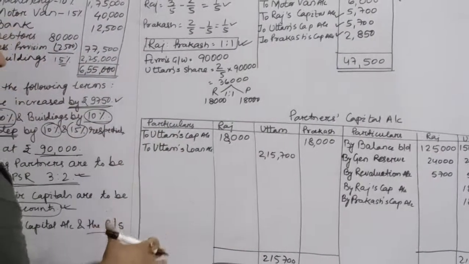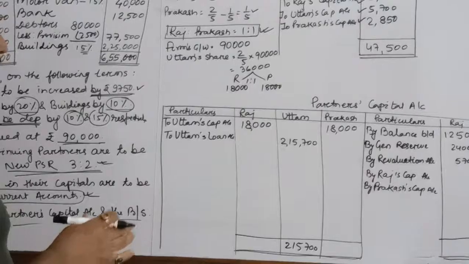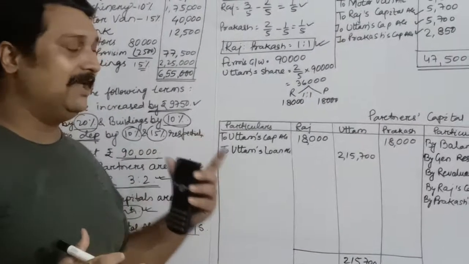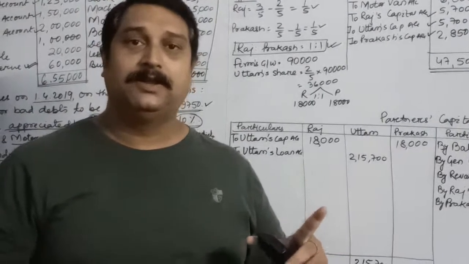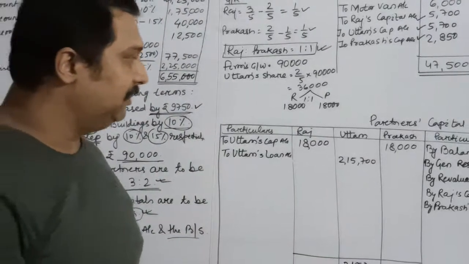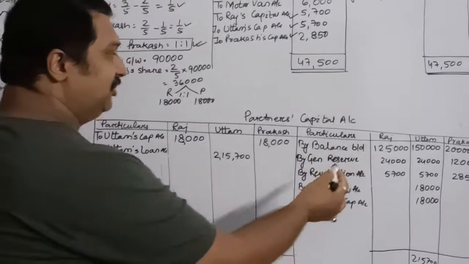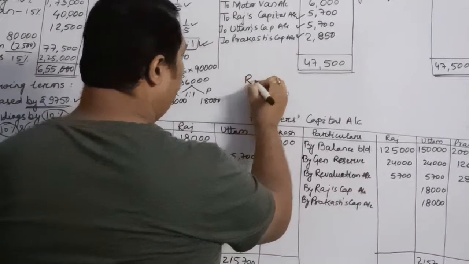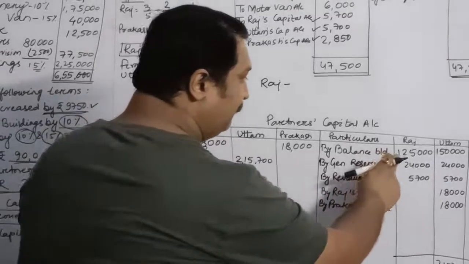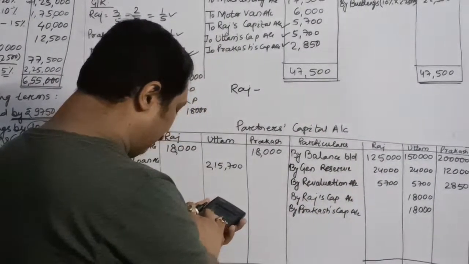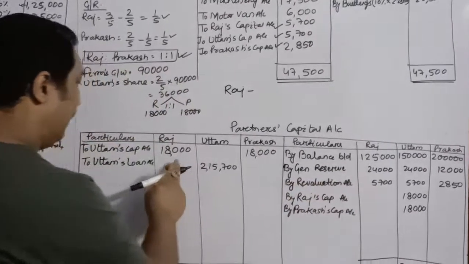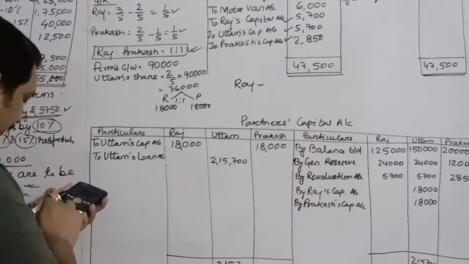Now we have to adjust the capital of the continuing partners. For that, children, if you remember the steps I had asked you, the first step was to calculate the adjusted capital of the continuing partners. So let us calculate the adjusted capital of Raj. Adjusted capital you can calculate: 1,25,000 plus 24,000 plus 5,700, and from that you will deduct 18,000 from Raj's capital.